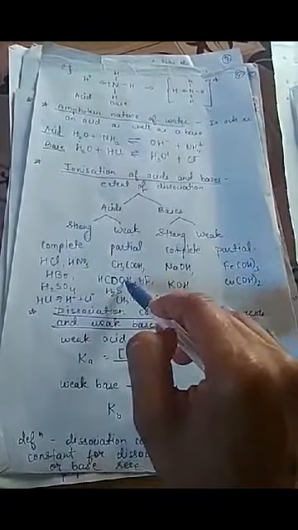Some part of the molecule remains as it is and some dissociates into ions. Therefore, this is a weak acid. So acids are strong where complete dissociation into ions takes place, and weak acids dissociate partially, where some remain in molecular form and some dissociate into ions.